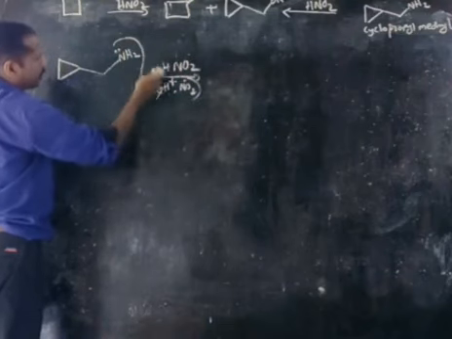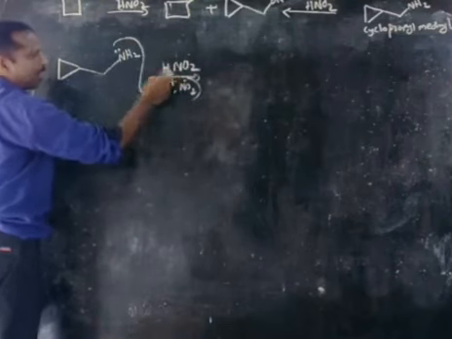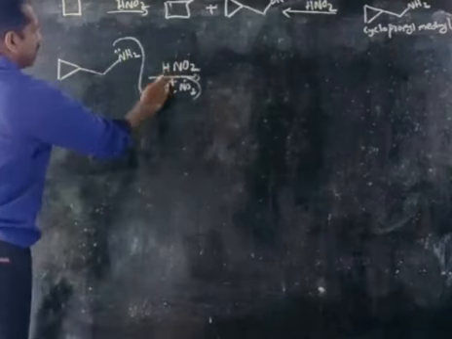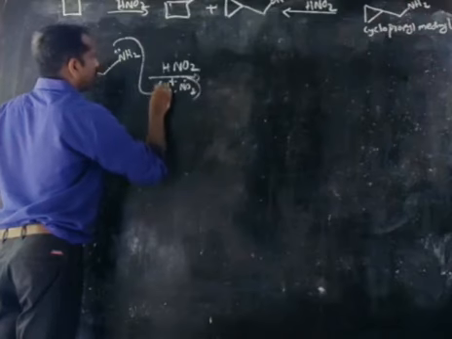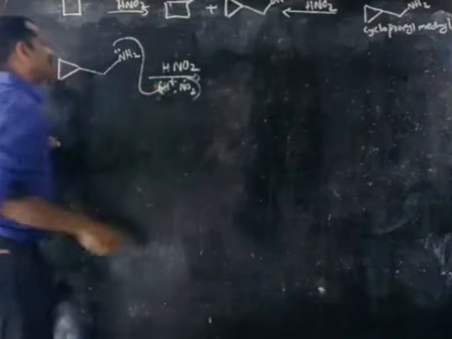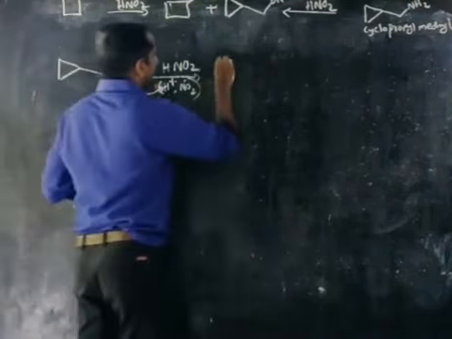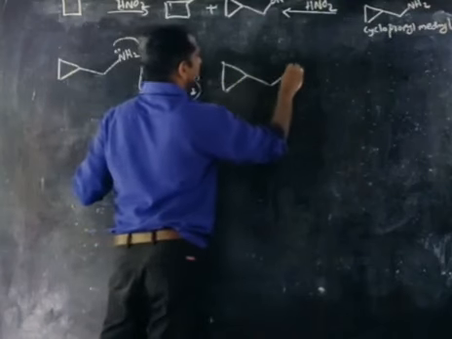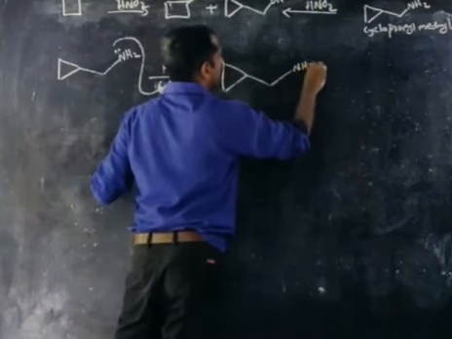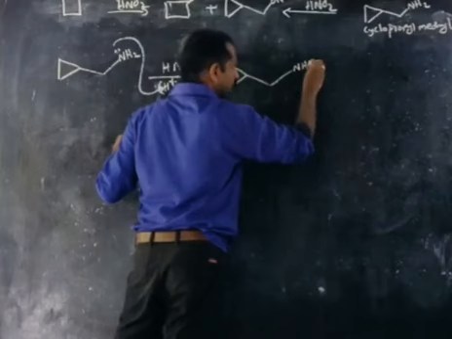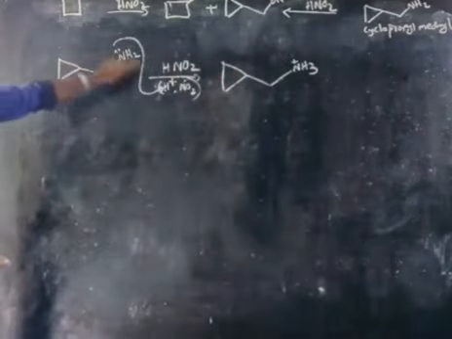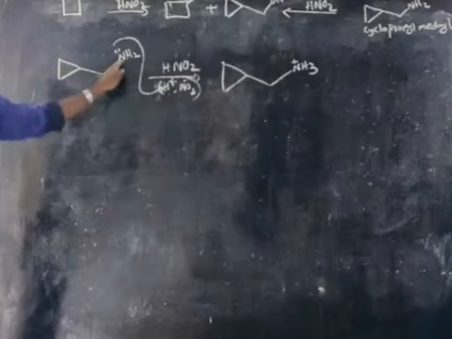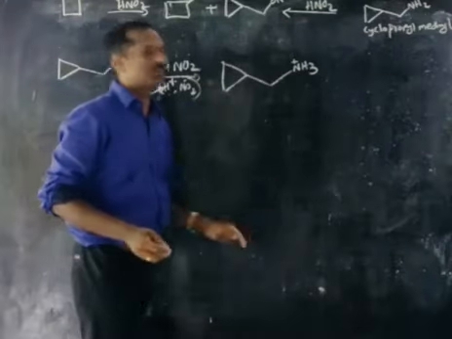So NH2 is directly attacking the H plus present in the nitrous acid, and you get a structure like this. Here it is NH3 with a positive charge, correct? Because this lone pair is attacking this hydrogen, this will become NH3 leaving a positive charge.